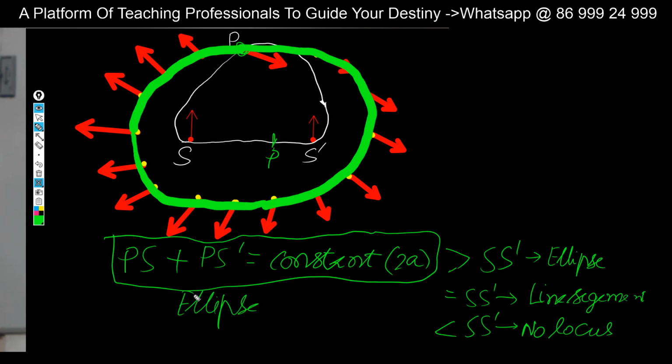That much in-depth meaning is there for that problem. Similarly, further you will get SP minus S dash P, or rather we call it SP difference S dash P is equal to 2a. Here also the conditions you will get like this only. This becomes a hyperbola.